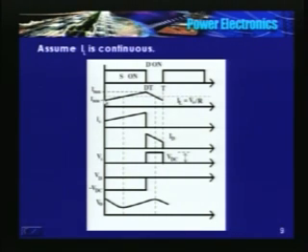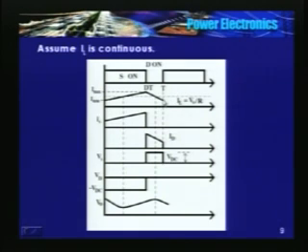I am calling this value I min and this I max. When I open the switch, the voltage across the inductor is minus V naught, which is constant, so IL decreases linearly.